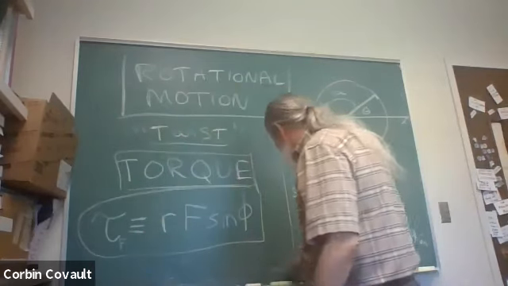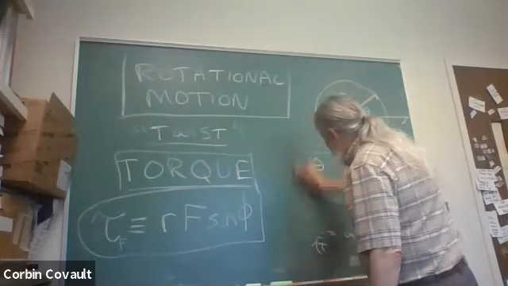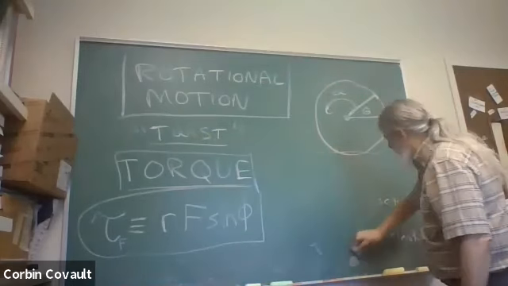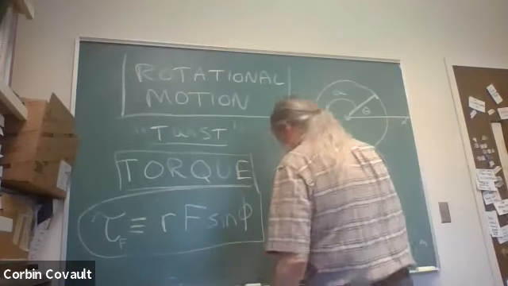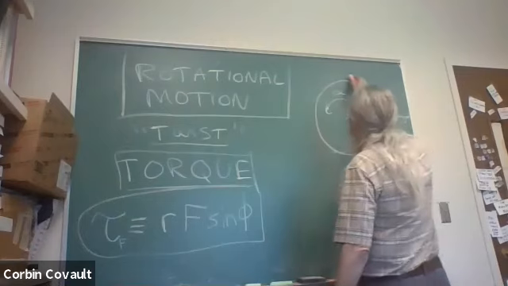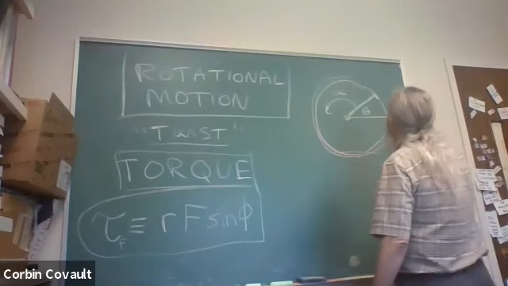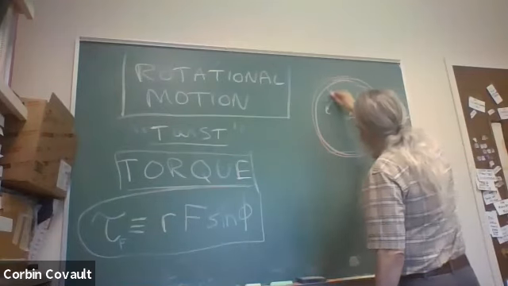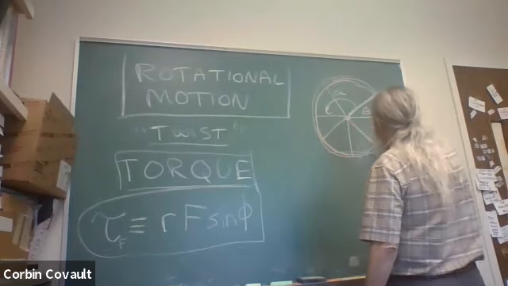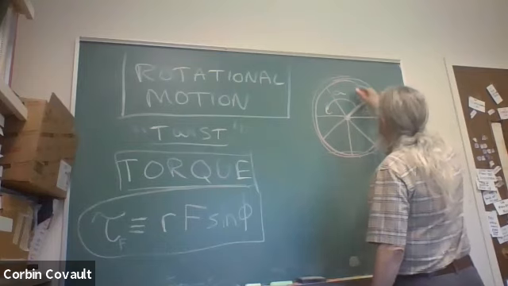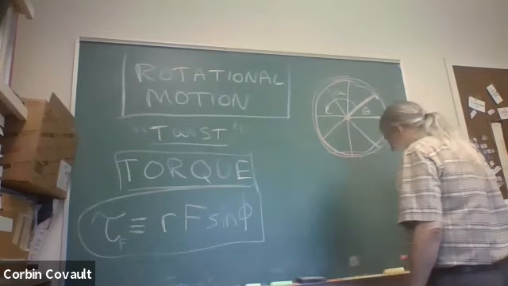So let's see if we can actually use that here. Suppose this represents my bicycle wheel, and I'll put some spokes on it just so that we have all kinds of places to apply force.